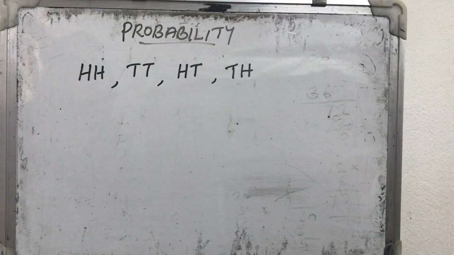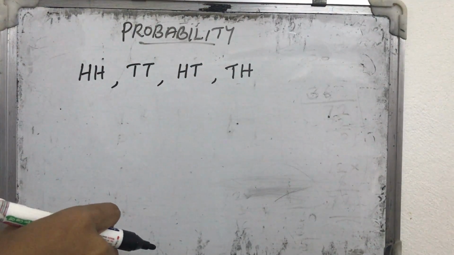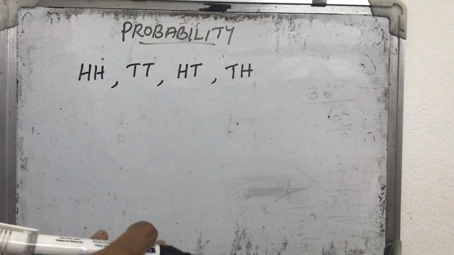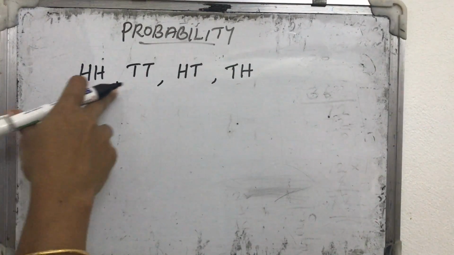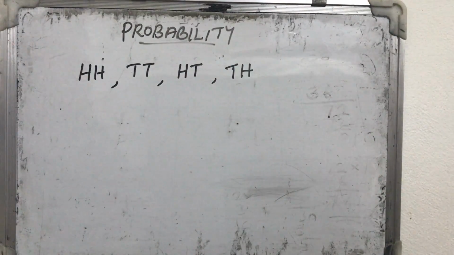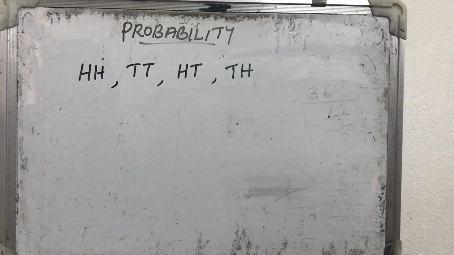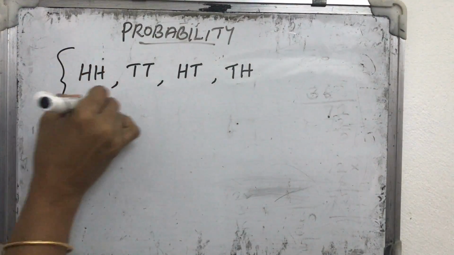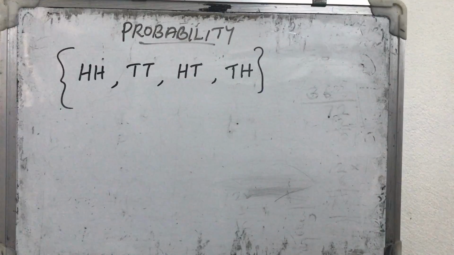Now these are the outcomes in this experiment. Which experiment are we doing now? We are tossing 2 coins together. So these are the outcomes for that experiment. Now, how can we represent the sample space for this? We can represent it all together. These are the sample space.